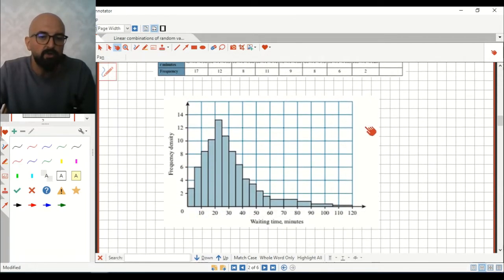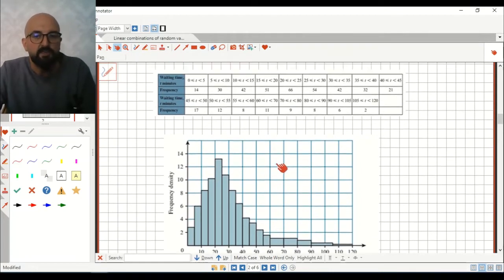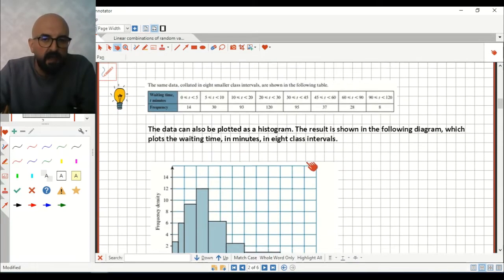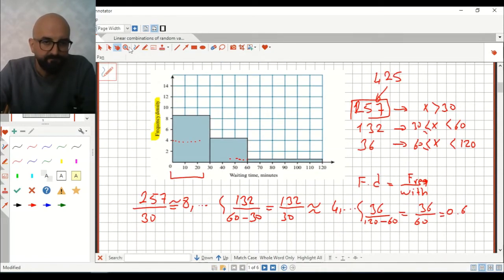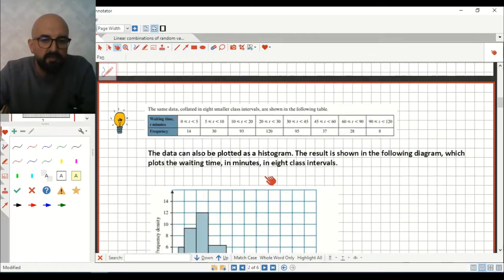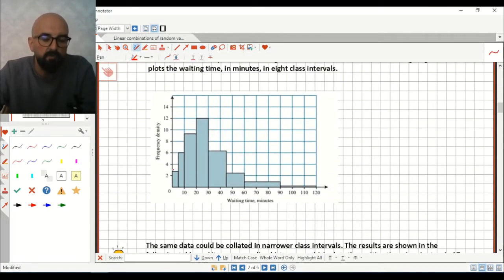If you notice, our graph becomes a curve. For the second graph, our intervals are smaller than before, so our curve becomes like this.